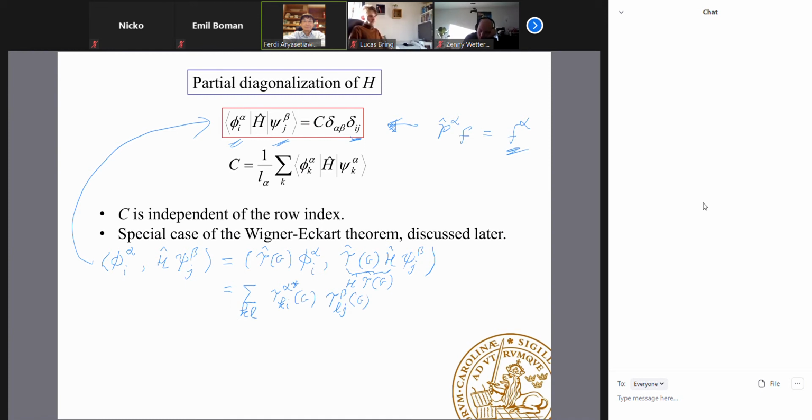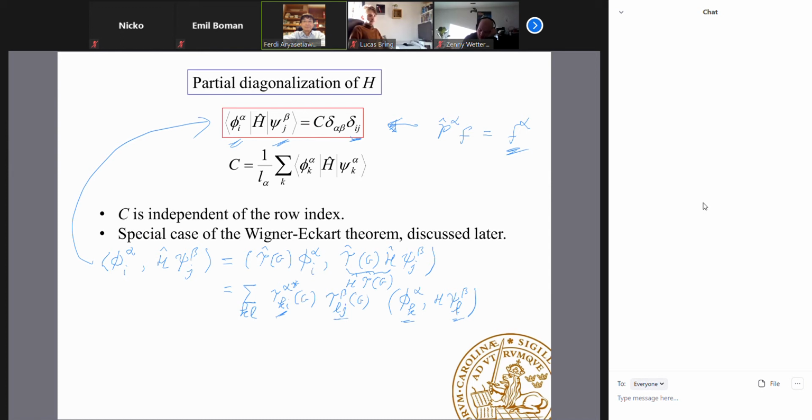And then I have the matrix element, which is psi k alpha, h, psi l beta. Yes, so this one goes with this, and that one goes with that one.